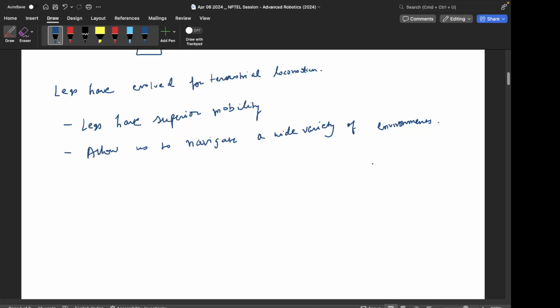So robots should not be just confined to very flat and structured environments, right? And legged robots give us that capability.